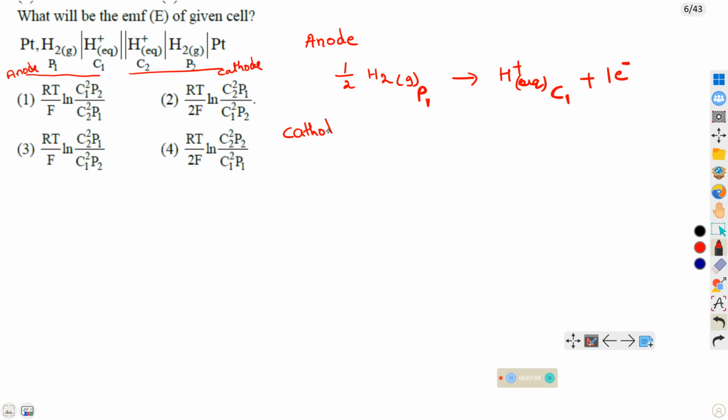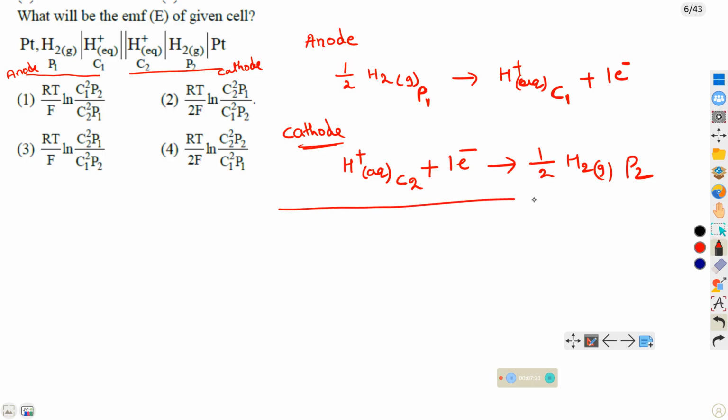At cathode, reduction takes place. H plus aqueous C2 plus 1 electron gives rise to half H2 gas P2. Add these two equations.